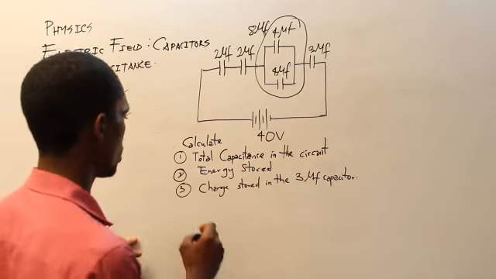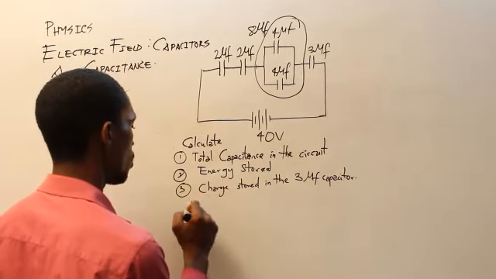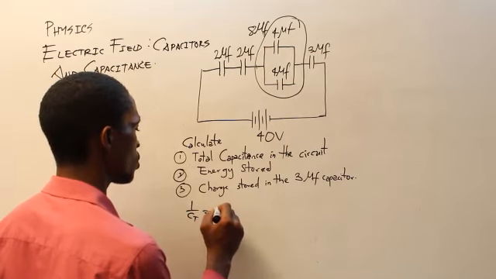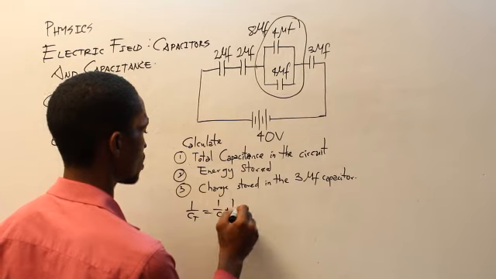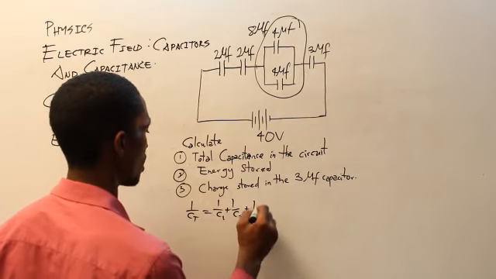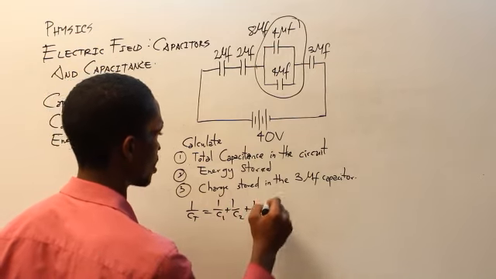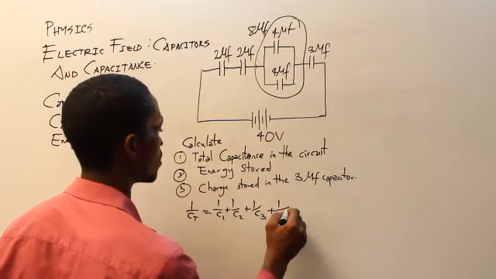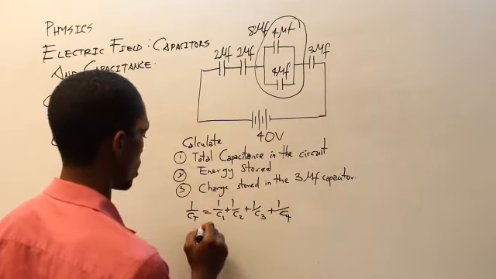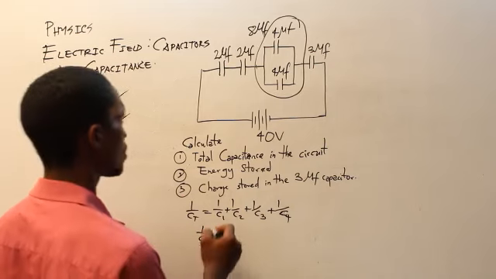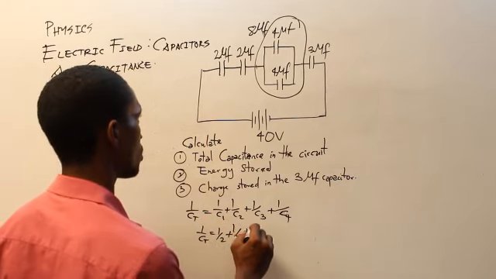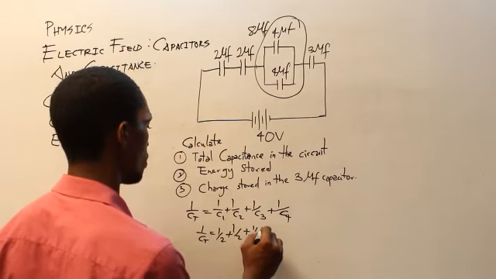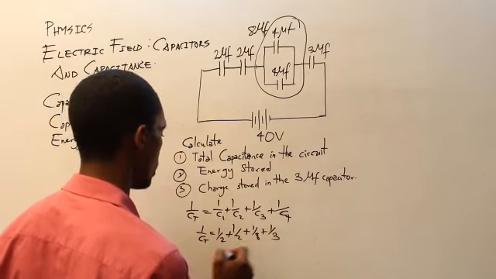A series connection is solved using 1 over CT equals 1 over C1 plus 1 over C2 plus 1 over C3, and in our case, plus 1 over C4. So we can do 1 over CT equals 1 over 2 plus 1 over 2 plus 1 over 8 plus 1 over 3.